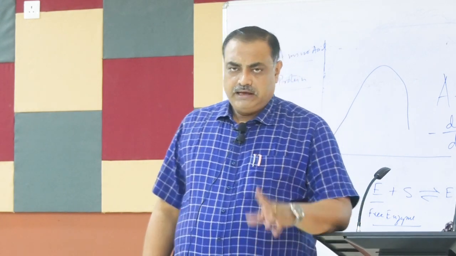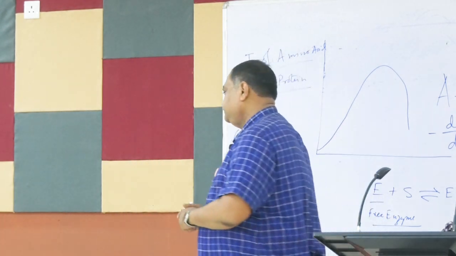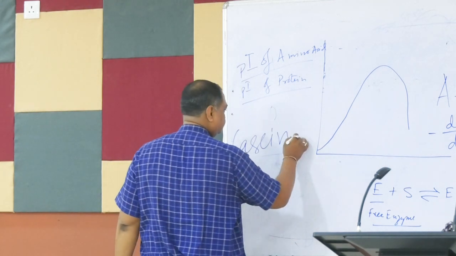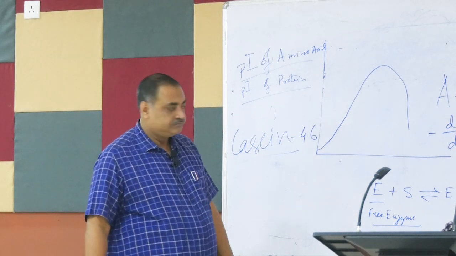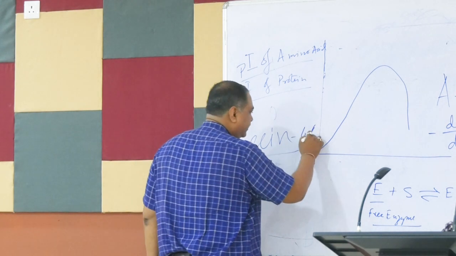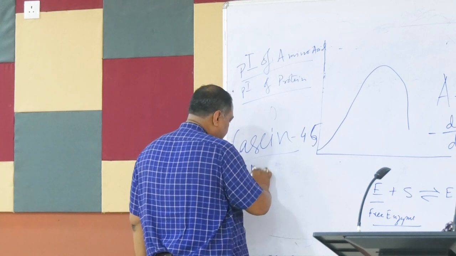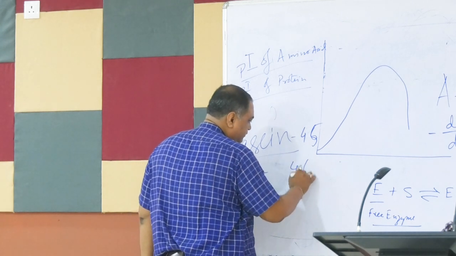Fine. It has a pI of, oh sorry, make this 4.5, and albumin is 4.6.